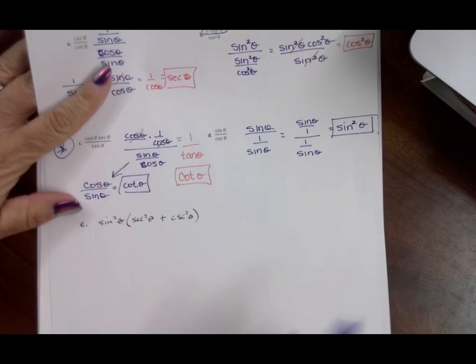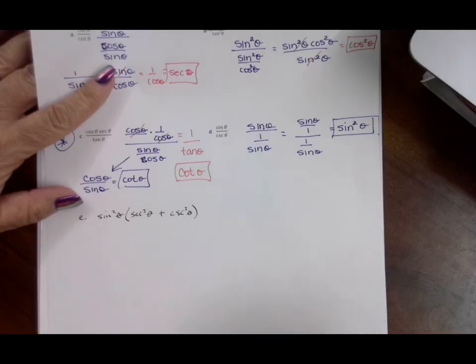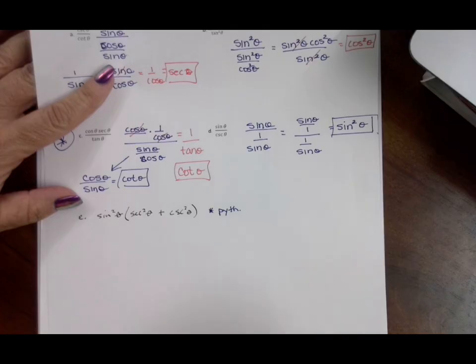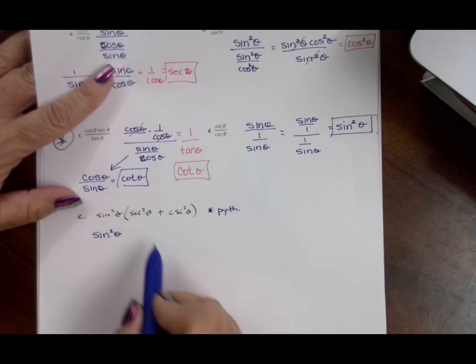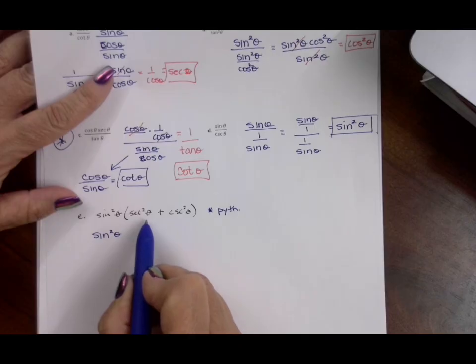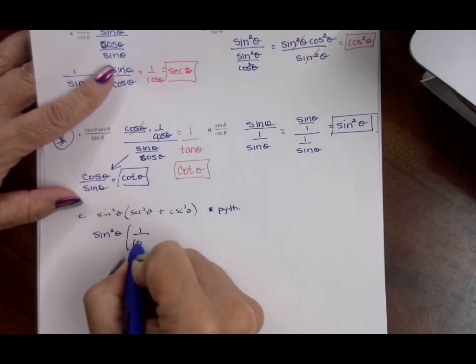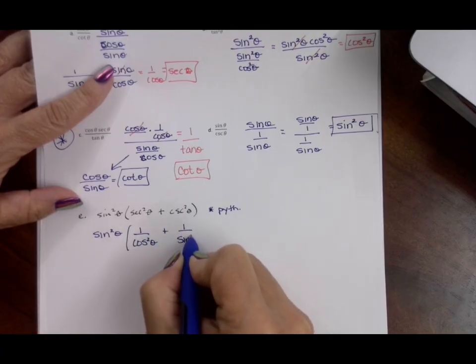Okay, so last one here. I see a bunch of different things that are squared. So when I see all of this squared, I need to think Pythagorean ID. So I'm going to leave sine squared because it's as simplified as it gets. And now I have secant squared plus cosecant squared. So this is 1 over cosine squared theta plus 1 over sine squared theta.